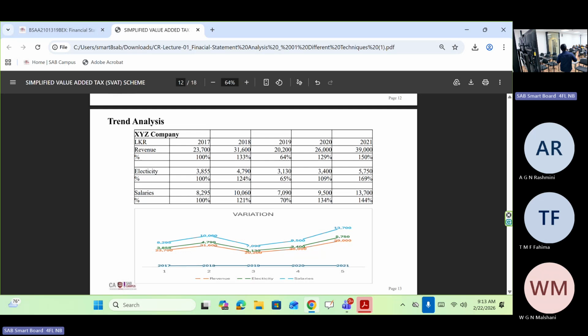Otherwise, if you are analyzing revenue versus rent expense, is there a trend? There's no trend, right? Rent expense may be a fixed amount. Revenue may fluctuate. Is there any relationship between revenue and this rent expense? No. To analyze the trend, there should be a relationship.